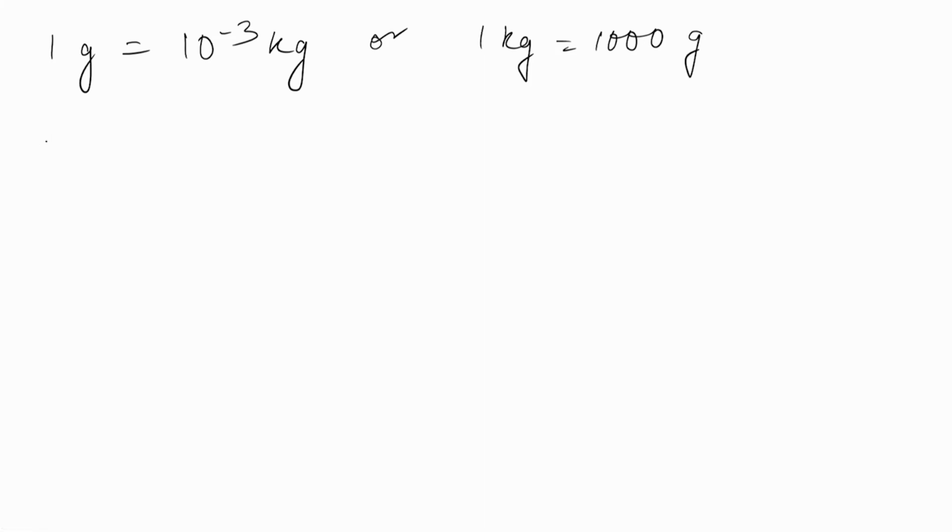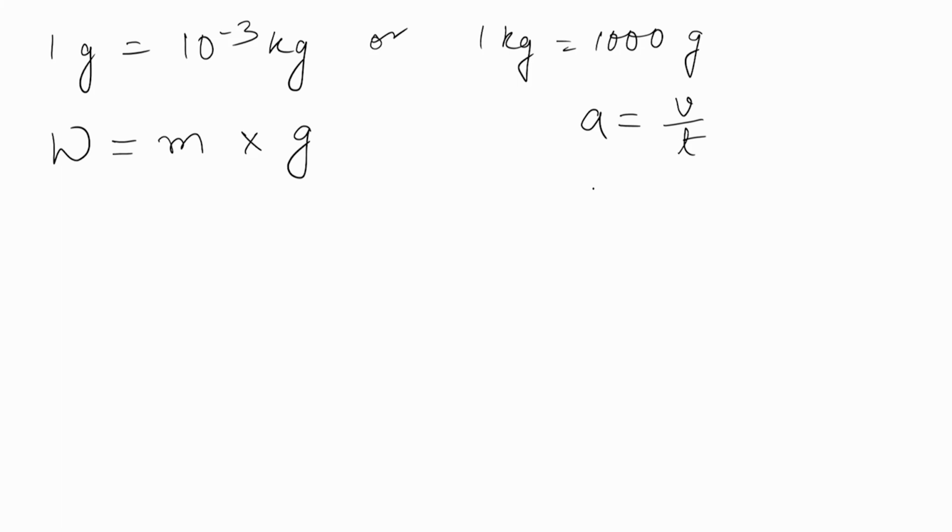Now, if we are talking about the unit of weight, we have mass and we have g. g is acceleration due to gravity. So what is acceleration? Acceleration is equal to velocity by time. Velocity is a vector quantity, but equivalent to velocity we have speed, and velocity and speed have the same units.